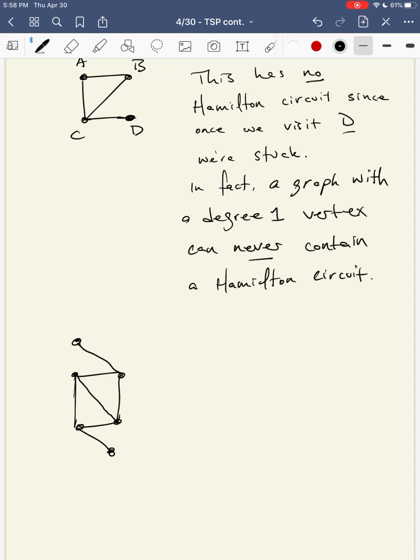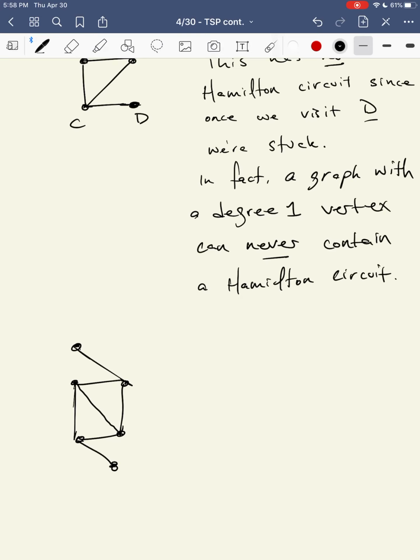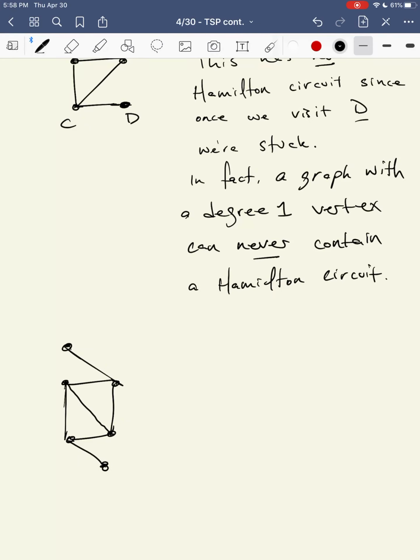Okay. So there's our graph. And now we want to know, how about a Hamilton path?